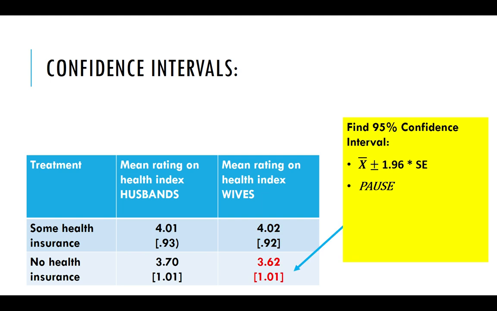Now let's do the same thing and find the 95% confidence interval for wives with no health insurance, the other treatment. And we're going to ignore husbands in this analysis. We're just focusing on wives. So I'm going to give you a second and I want you to practice. You calculate the 95% confidence interval, given that you know the mean and you know the standard error.